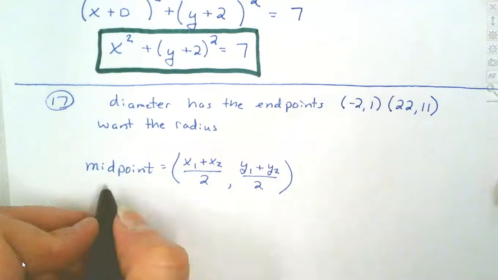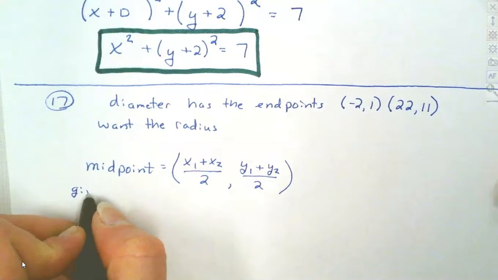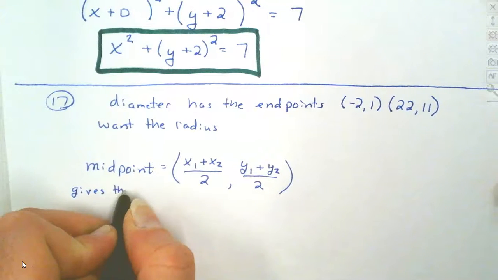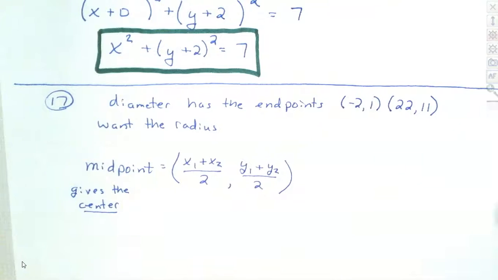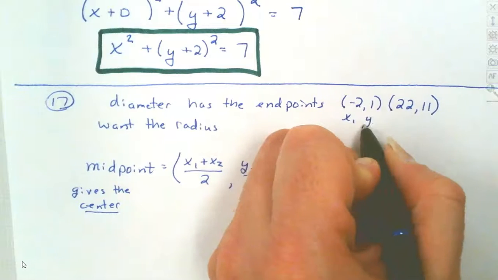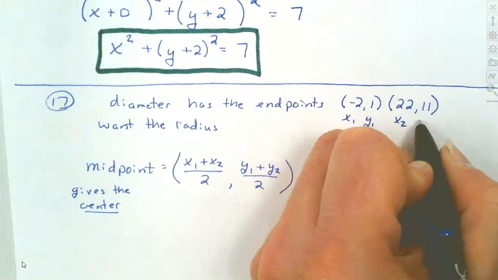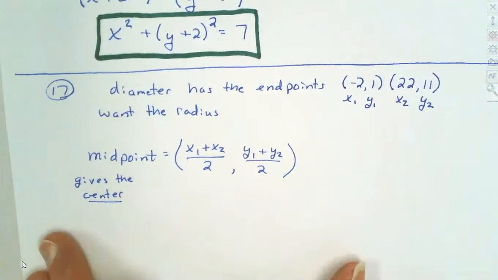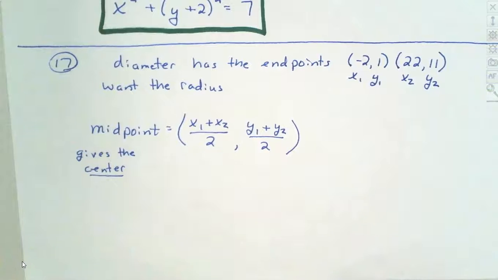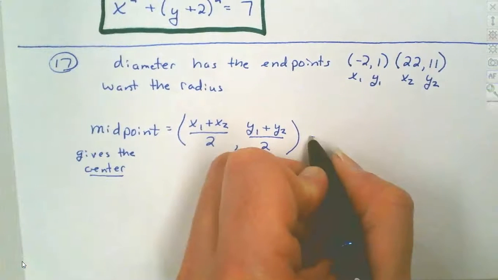And this is going to give you the center. I'm going to label this as x1, y1, and x2, y2. So let's go ahead now and try to fill in our midpoint formula.